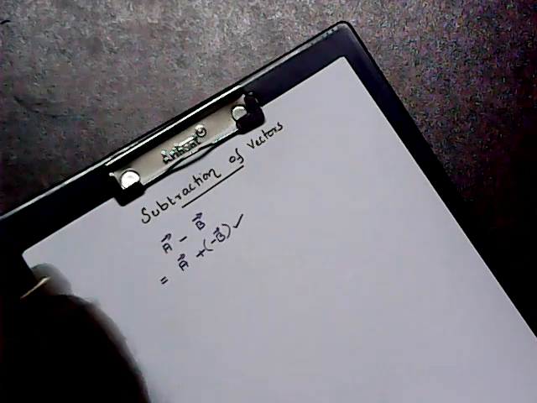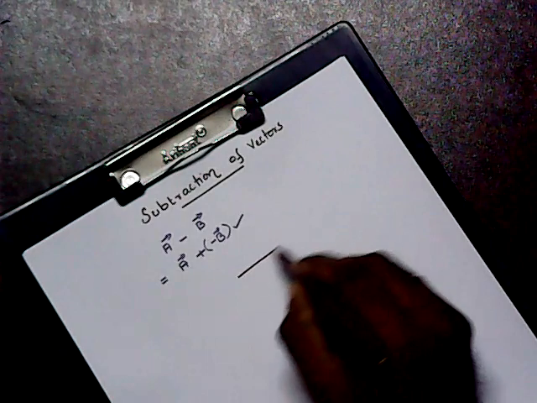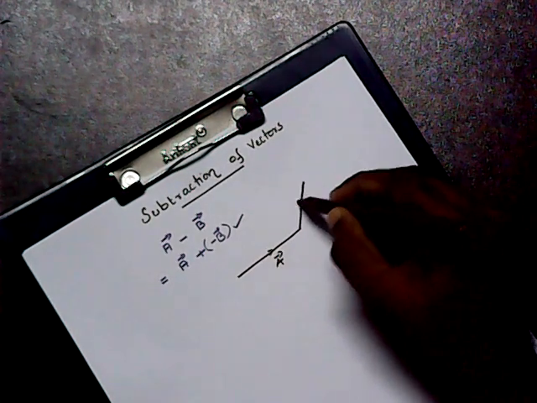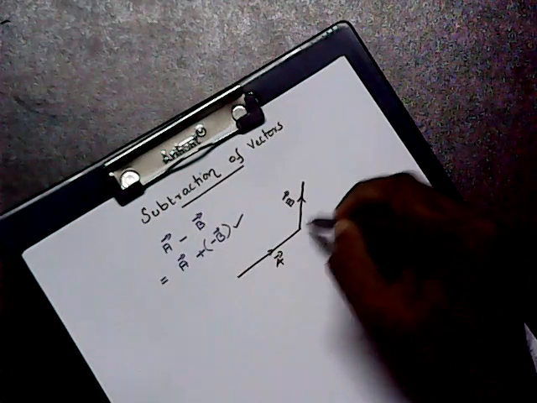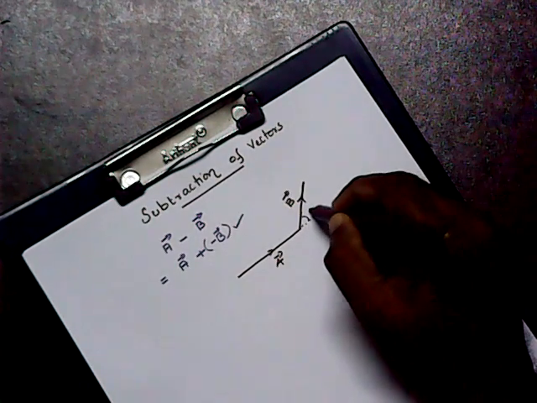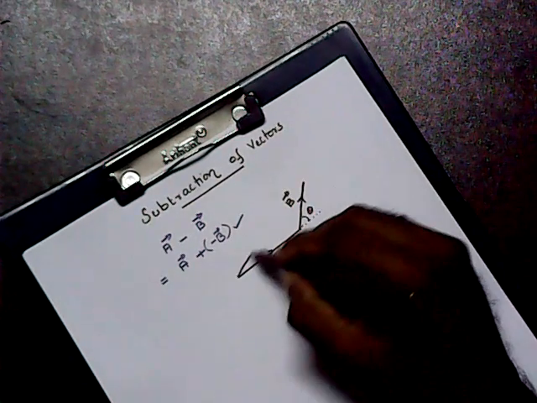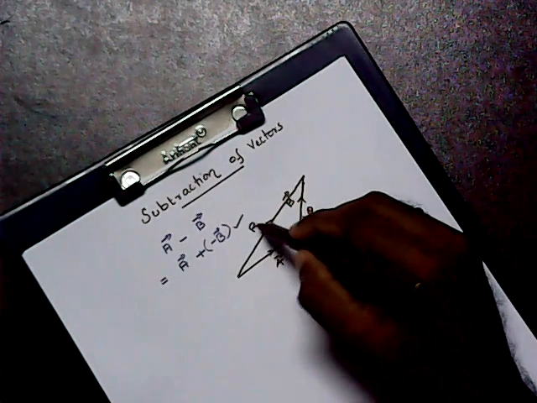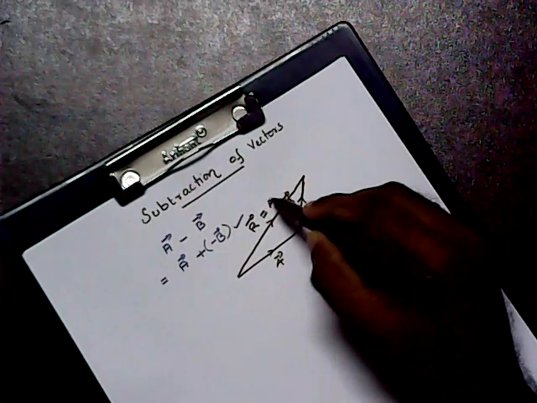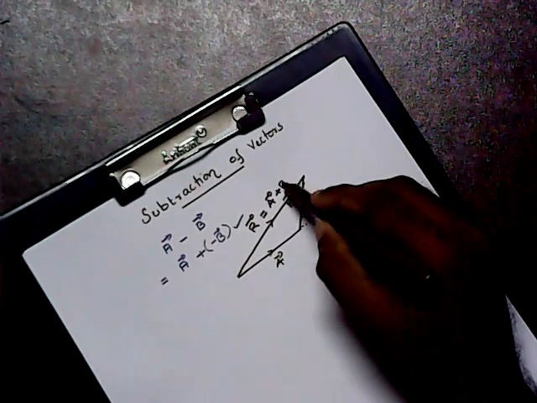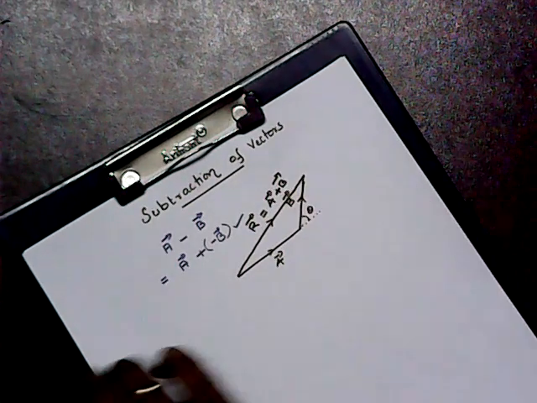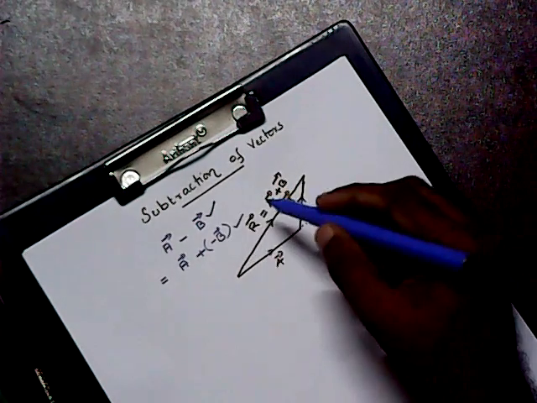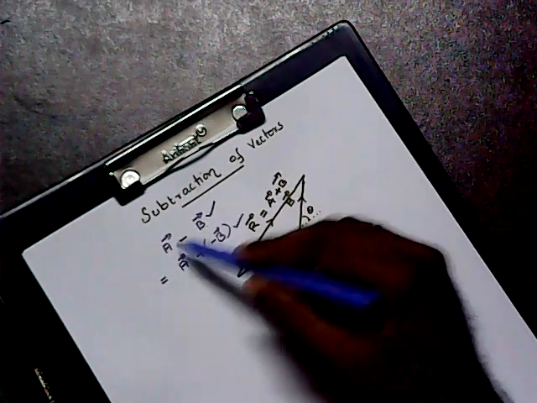At first we take the vector a here, and it makes an angle, say theta, with respect to vector b. We know the resultant is r, which is equal to a plus b. But our aim is to find the subtraction, how we can subtract b from a.